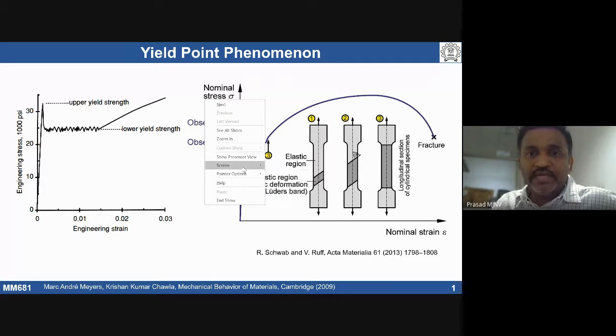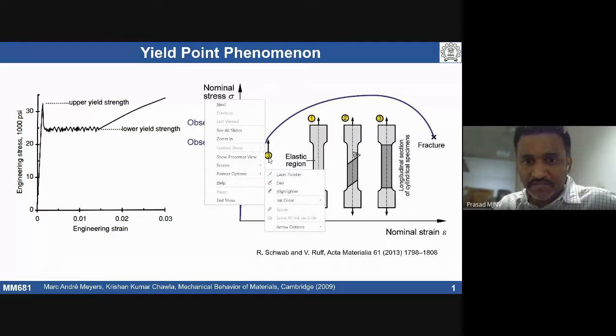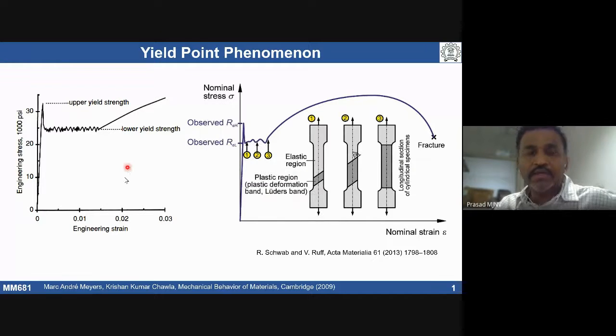In my previous lecture, we had a discussion about the yield point phenomenon, which is one of the important phenomena that takes place most of the time in low carbon steels.